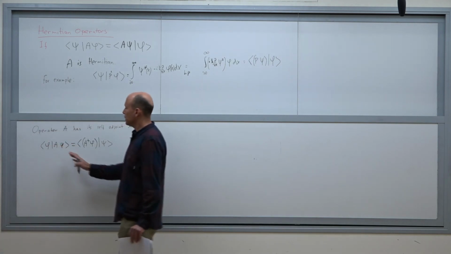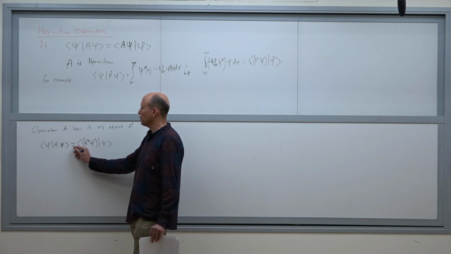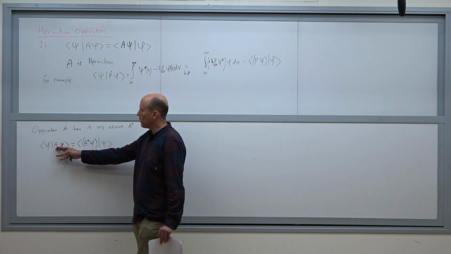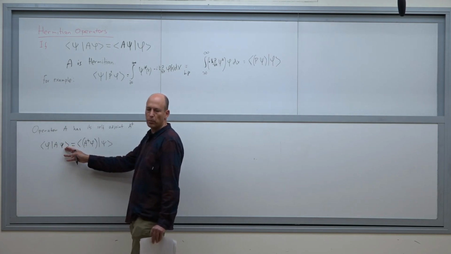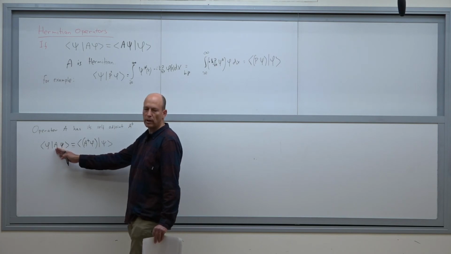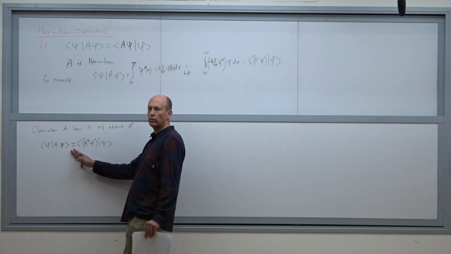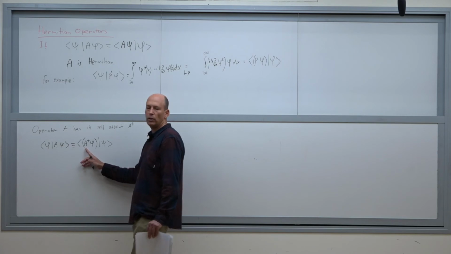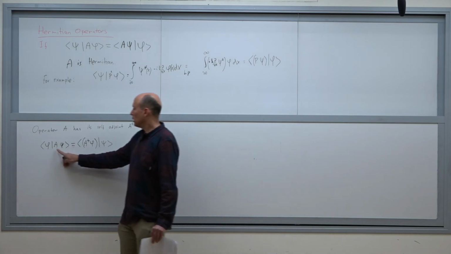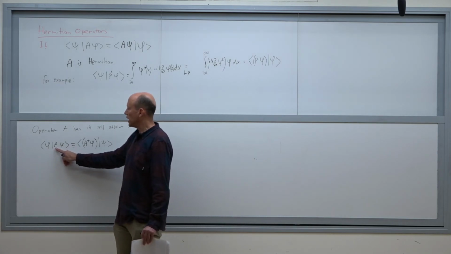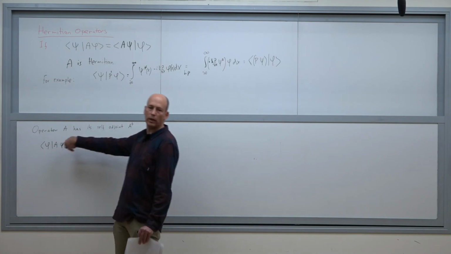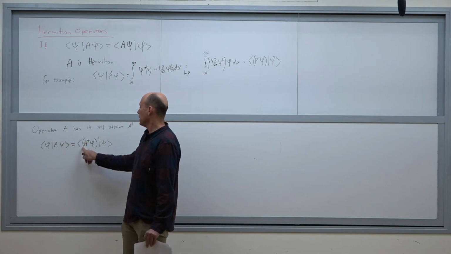So this is just a definition, three lines for definition. You have some operator, it acts on psi. That means this operator likes to operate to the right. This operator, instead of operating to the right, it comes here and operates from the left. This is the meaning of this operator.